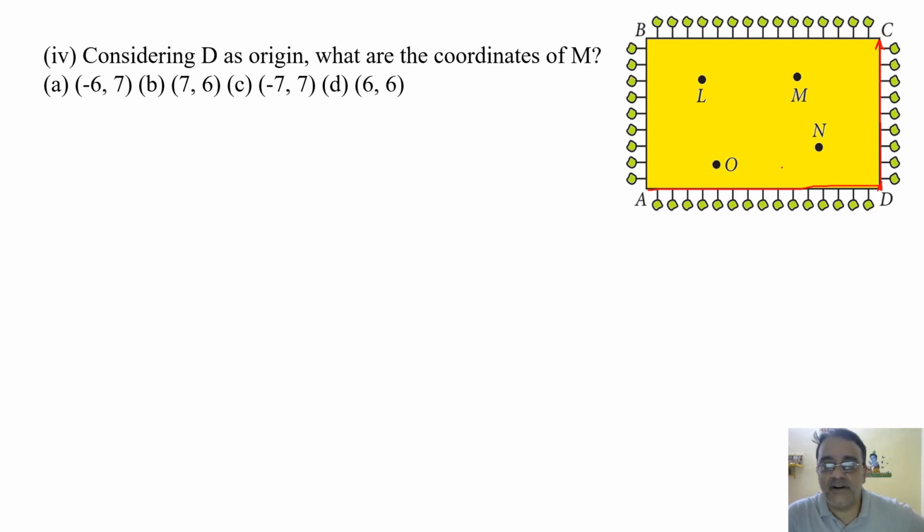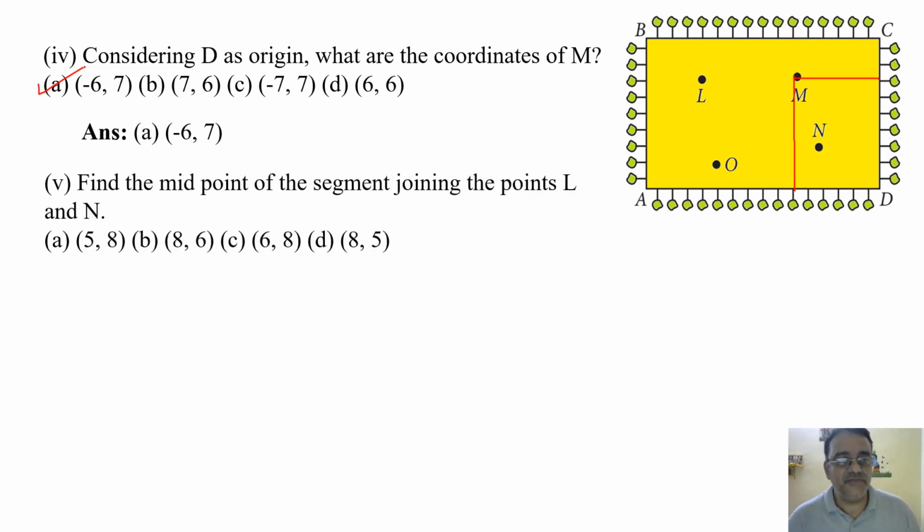So M का coordinate देखो ध्यान से. 1, 2, 3, 4, 5. And this one, 1, 2, 3, 4, 5, 6. Okay. And 1, 2, 3, 4, 5, 6, 7. So minus 6, 7. ये clear है? This is clear? Yes, sir.